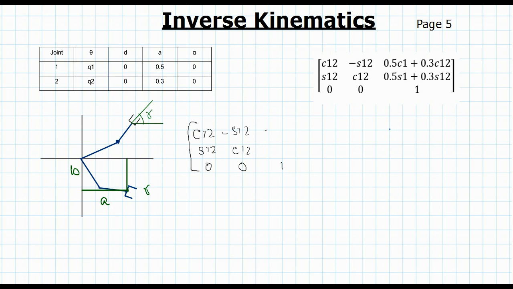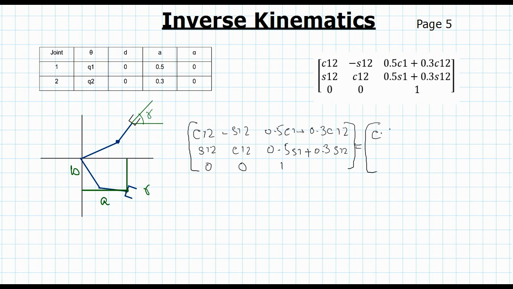Then we have 0.5 C1 plus 0.3 C12, and in this line we have 0.5 S1 plus 0.3 S12, and what we are saying is that we want this matrix to be equal to a matrix which represents this pose of our robot, and the pose would be represented by a rotation by gamma.